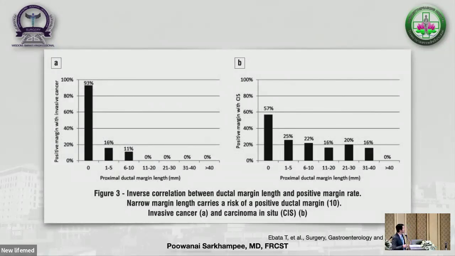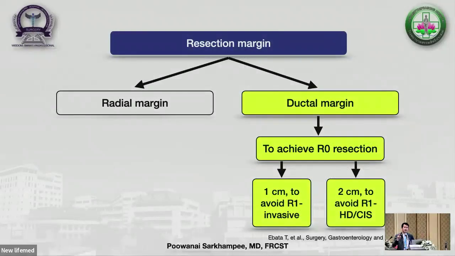He collected data and found that 1 centimeter can guarantee avoiding invasive carcinoma and 2 centimeters to avoid carcinoma in situ and high-grade dysplasia. So we have two magic numbers, 1 centimeter and 2 centimeters. The question is, is high-grade dysplasia and carcinoma in situ equal to R1 resection or is it comparable to R0 resection?